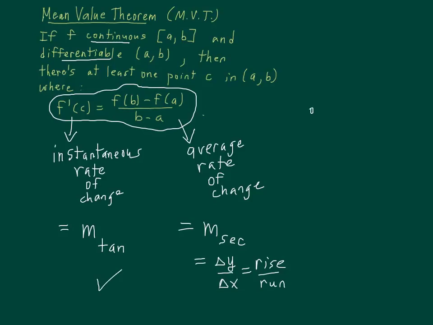So we're talking about a situation where maybe you have an endpoint there, you have a function that maybe looks like that. Notice it's continuous and it's differentiable everywhere in between.